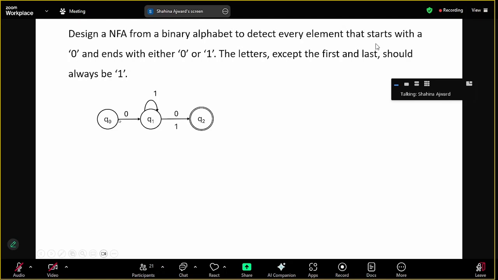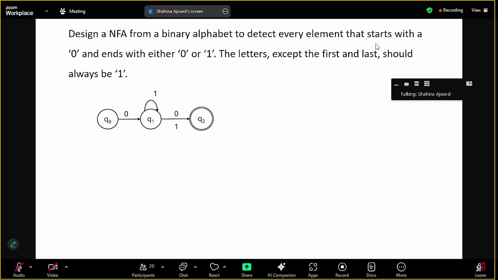So what are the acceptable strings that we can have for this? We can have 0 0 or 0 1. Those are the smallest strings we could have. And we can have 0 1 0 or 0 1 1. For words with two characters, 0 0 is possible, 0 1 is also possible.